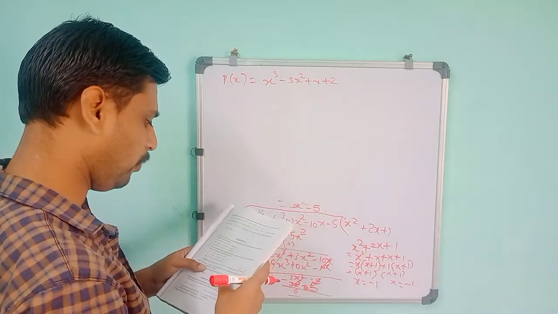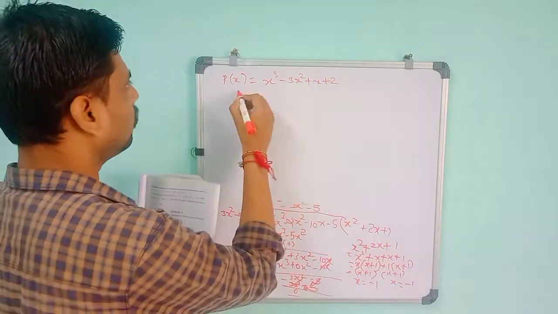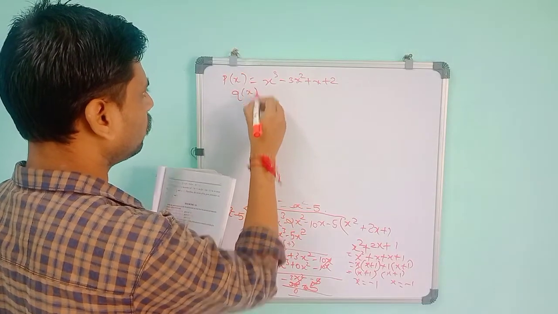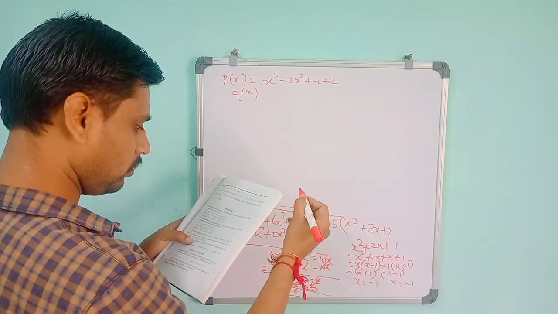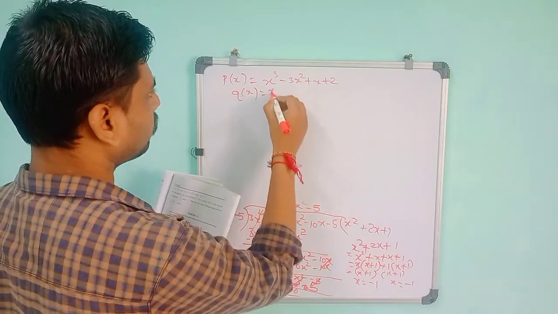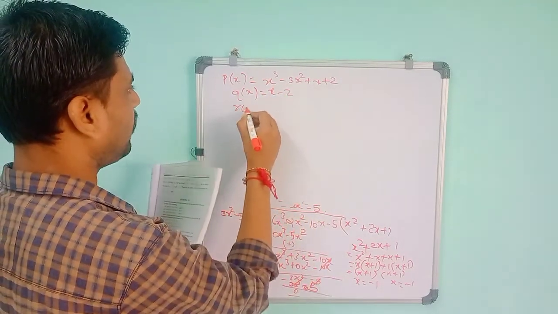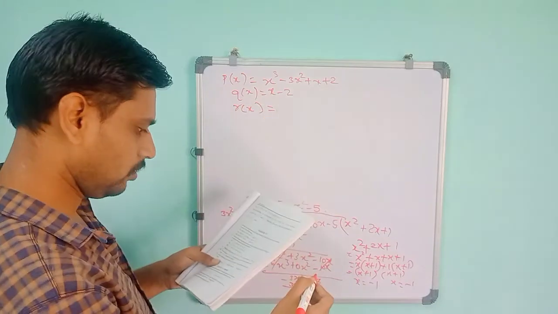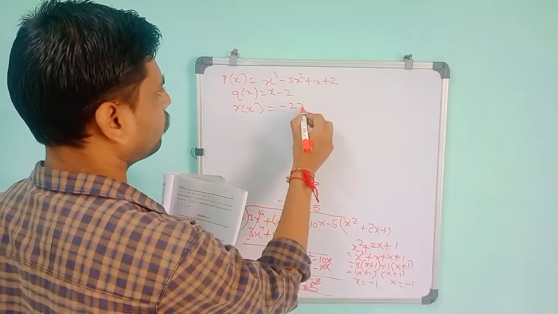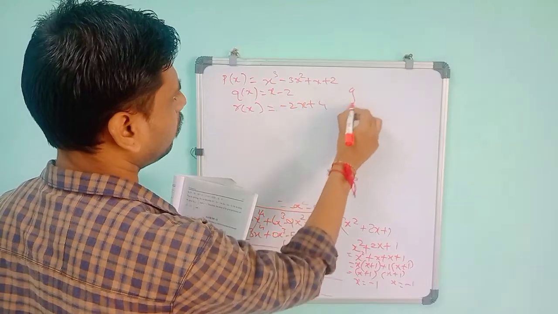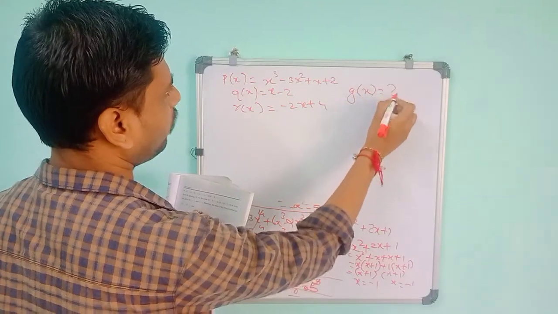Then by a polynomial g of x, the quotient is q of x equal to x minus 2 and the remainder is minus 2x plus 4. So you have to find g of x.